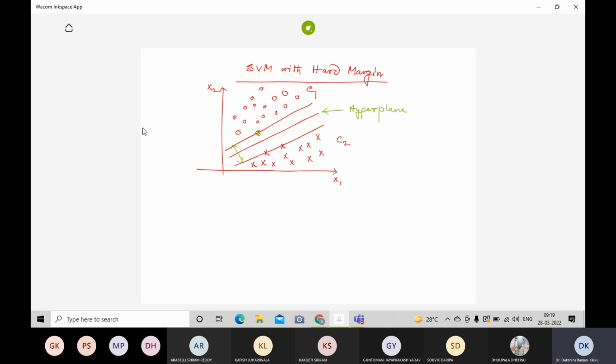Okay, and here we can consider this is also a hyperplane, which are actually the margins for classes C1 and C2. Okay, this is also called the hyperplane. This is also called the hyperplane. So can you tell me what will be the equation for hyperplane? What will be the equation for hyperplane?